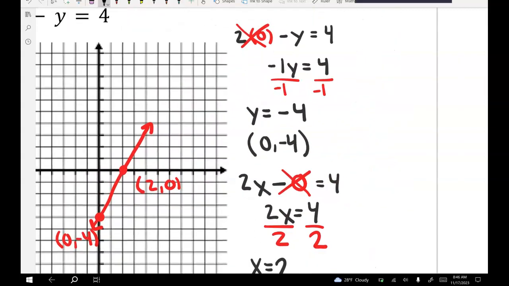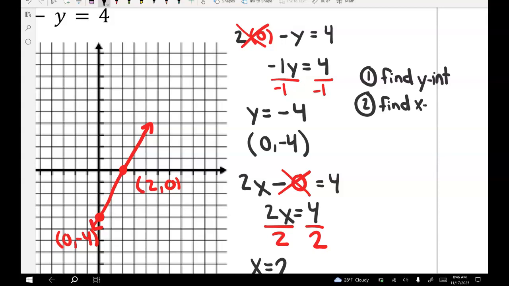So plugging in 0 for x, you first find your y-intercept. Your second one you always find is your x-intercept. And then step 3 is just to graph. And again, to find your y-intercept, you kind of do the opposite.